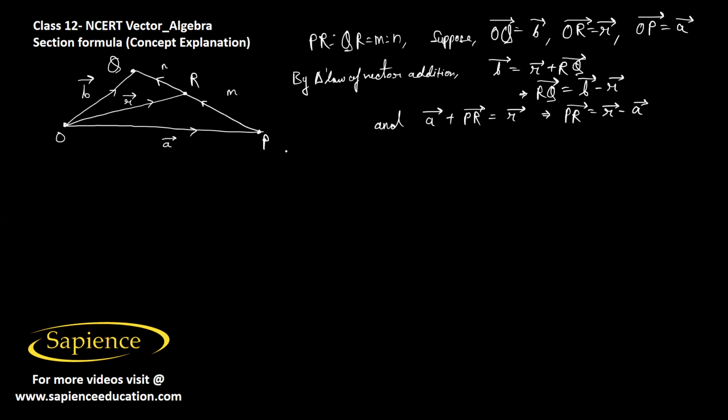So now you can see that PR is to QR equals M is to N. Therefore the magnitude of PR is to the magnitude of QR is obviously M is to N. So now therefore N into the magnitude of PR equals M into the magnitude of QR vector.